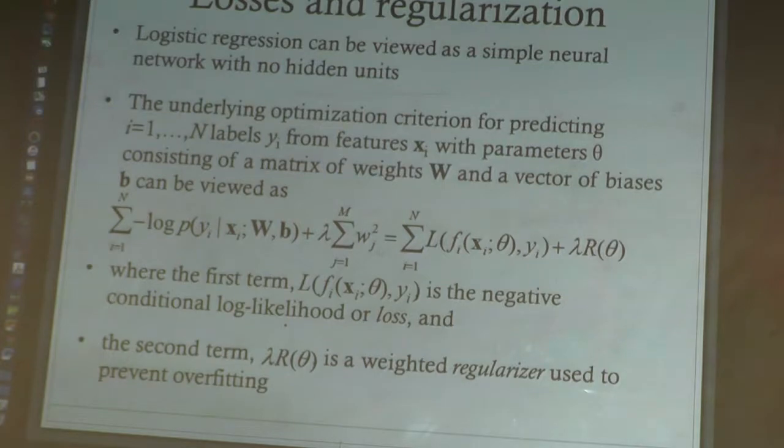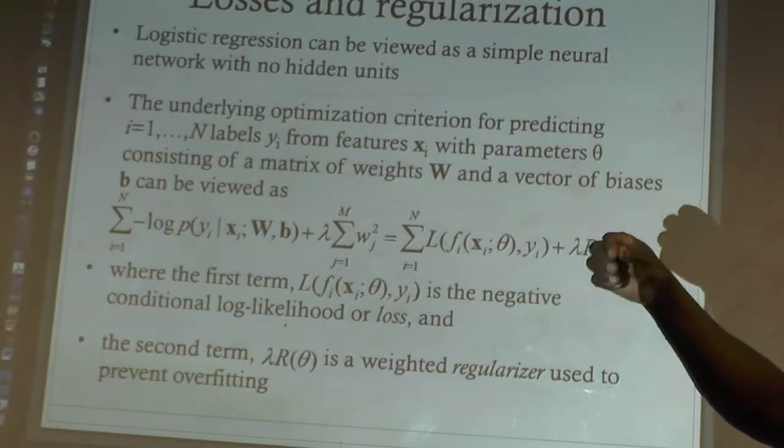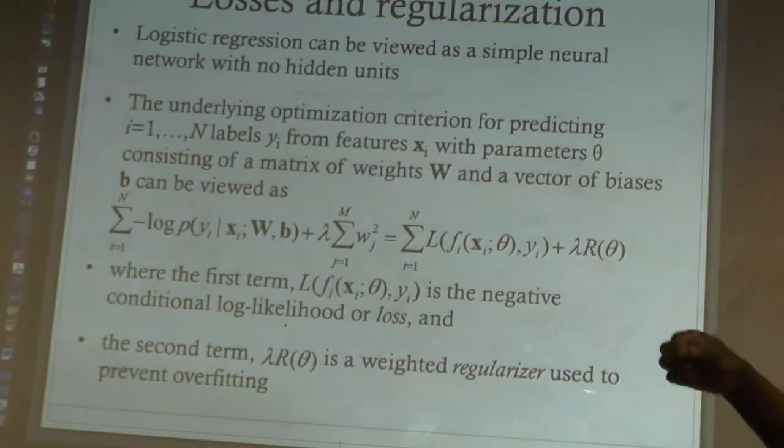Okay? Now, when you pick up logistic regression, you can view logistic regression as a simple neural network with no hidden unit. Are you still following? Logistic regression is a simple neural network with no hidden unit, but that is not useful for us.